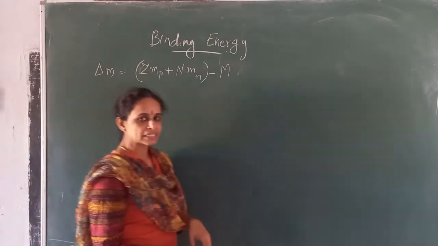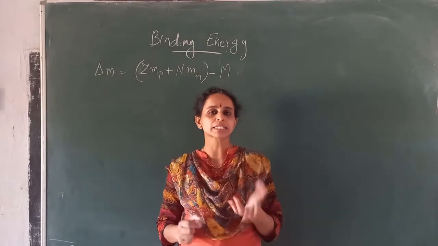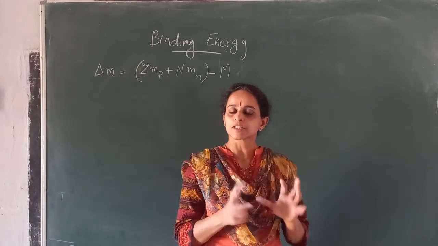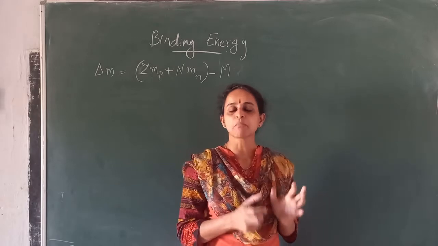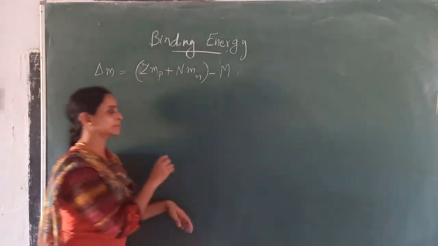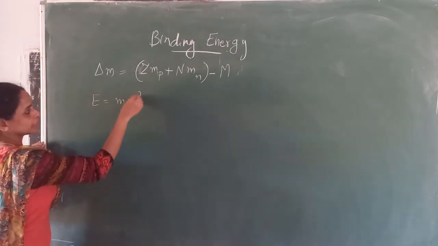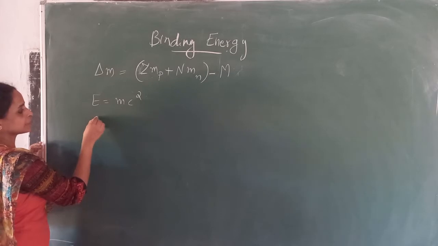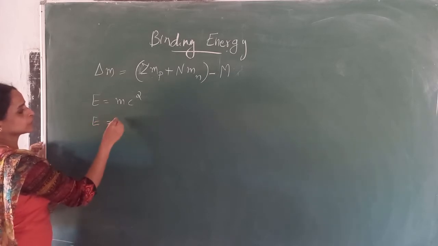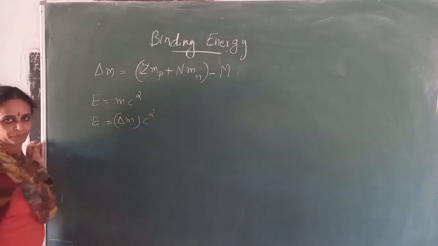And according to Einstein, there is a mass-energy relation, that is, corresponding to a certain mass we will have some energy, and that energy is given by E is equal to mc square. Here m is delta m, so E is equal to delta m into c square.